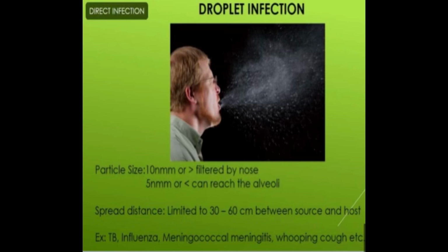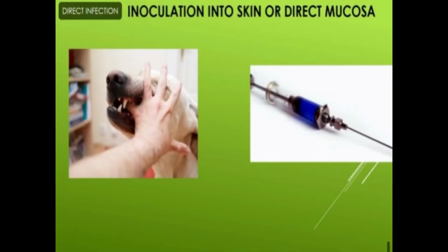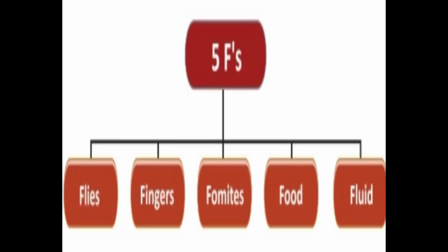Now, direct infection: if you have a pet, a dog, a cat, or any of them, they can also be one of the infection factors. It can come to you through the skin or any of their membranes. What is important to keep in mind are the 5 F's: flies, fingers, fomites, food, and fluid.